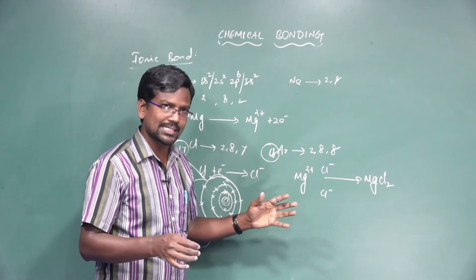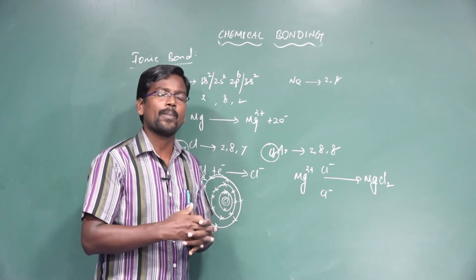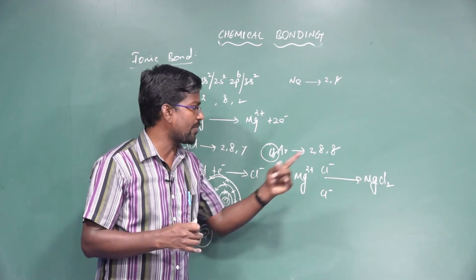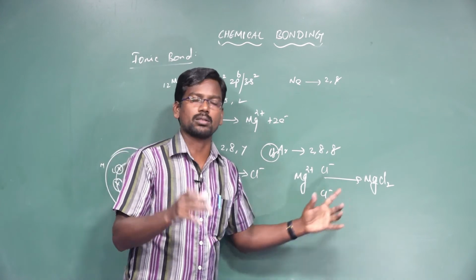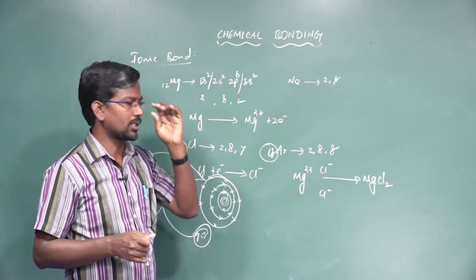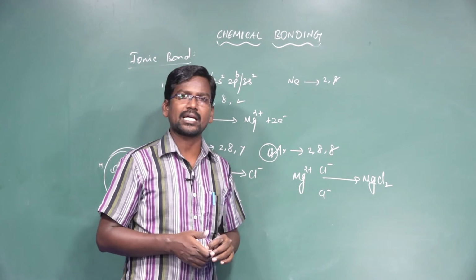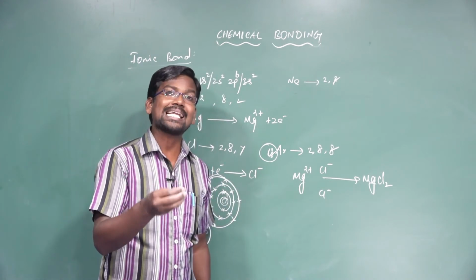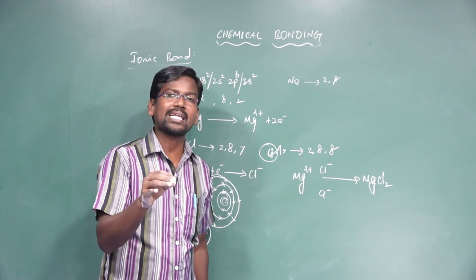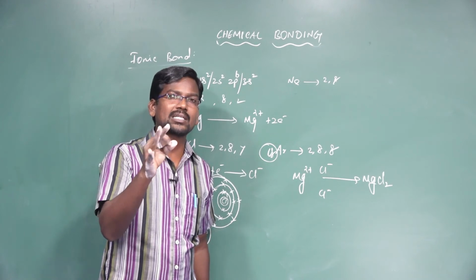These 2 ions come close together by electrostatic force of attraction to form a bond known as an ionic bond. Magnesium chloride contains the magnesium 2 plus ion and Cl minus ions with a stable octet electron configuration.